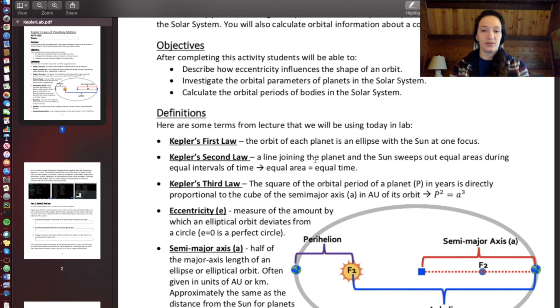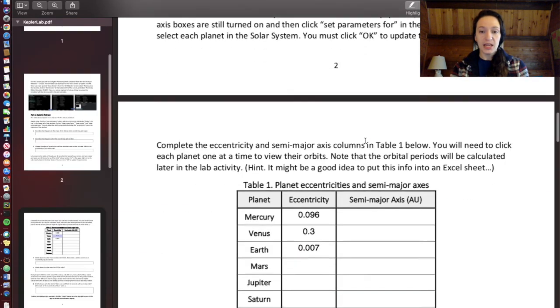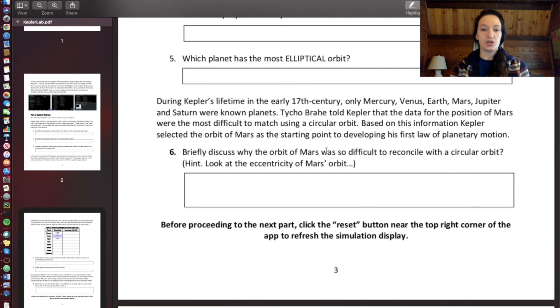So think about how people would try to predict or how they would try to test whether an orbit was an ellipse or a circle. For me, what comes to mind is trying to predict where a planet would be at a certain time.